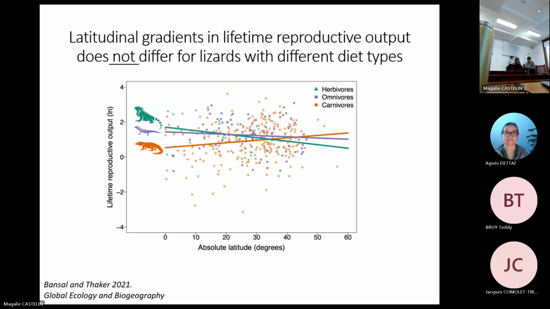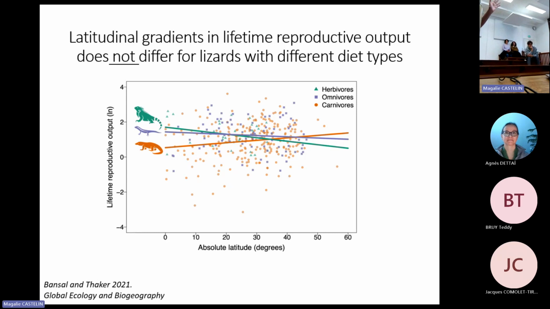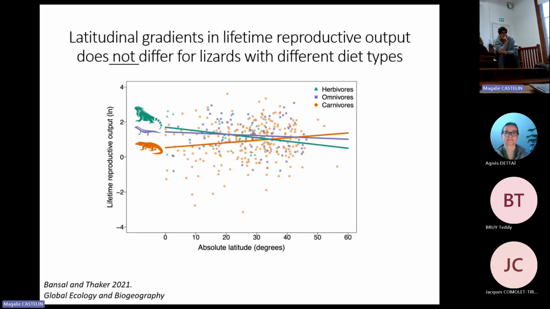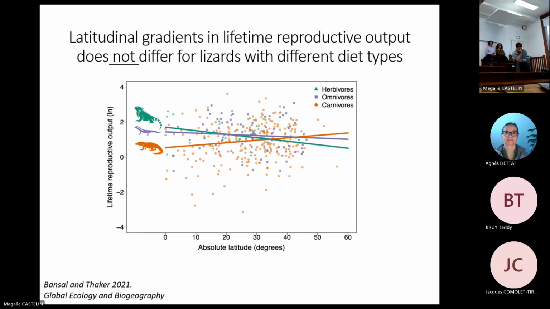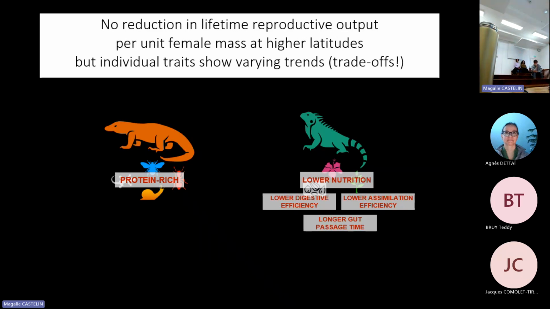Don't forget, it didn't matter if you were carnivore or herbivore or omnivore, everybody had more or less the same lifetime reproductive output, which is super interesting, that the latitudinal gradients in this fitness metric, which is lifetime reproductive output, don't differ with lizards of different types. And this is because of all the trade-offs that are inherent in here.